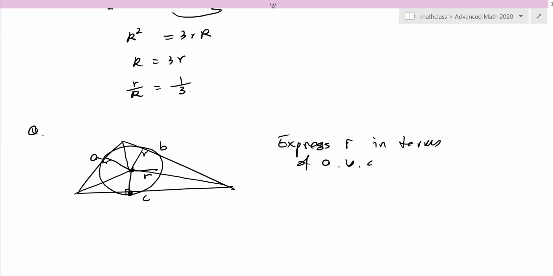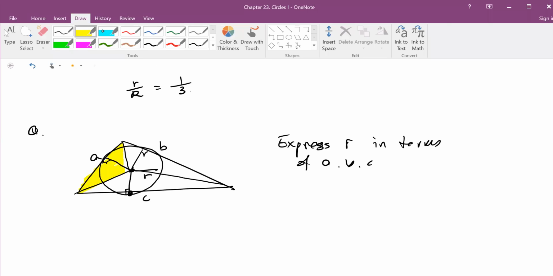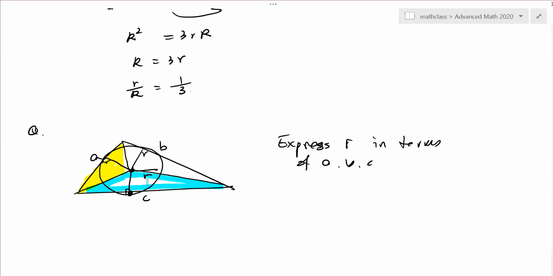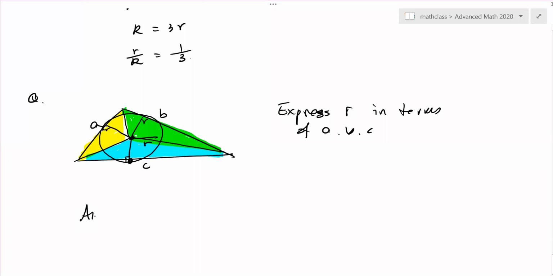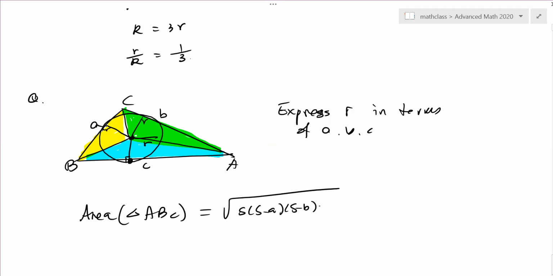So you decompose the triangle into 3 triangles. This time I'm not going to use a right triangle because it's not easy to find out the area, okay? So the area of this triangle ABC, by Heron's formula, is going to be the square root of S(S minus a)(S minus b)(S minus c).